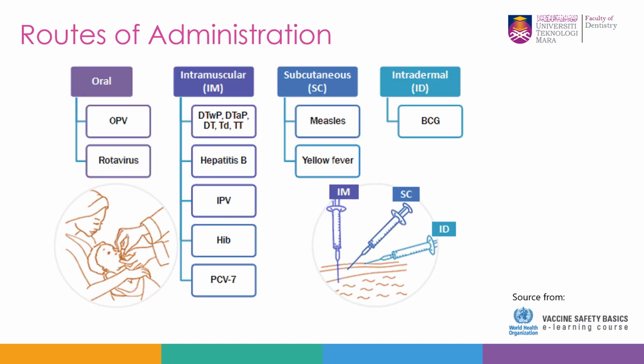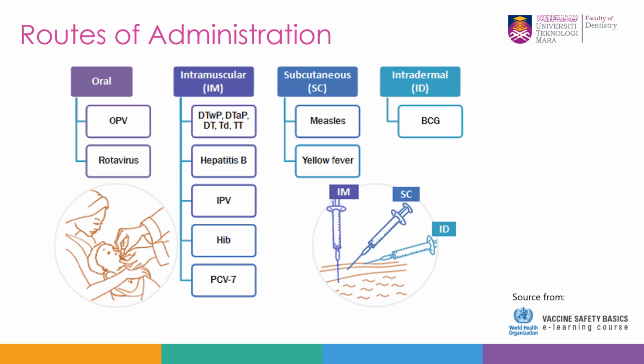When we give vaccines to our patients, the route of administration is different for every type of vaccine. For example, the common one that everyone is used to is intramuscular vaccination, IM. You can see hepatitis B, IPV, PCV, tetanus, diphtheria.